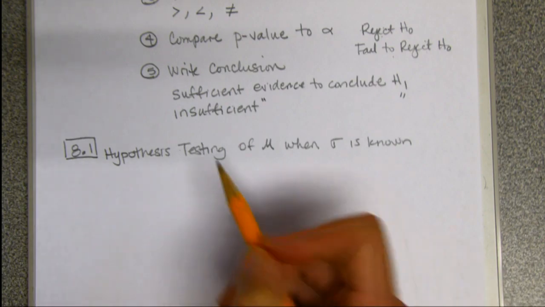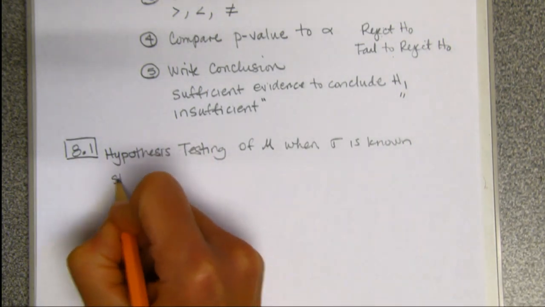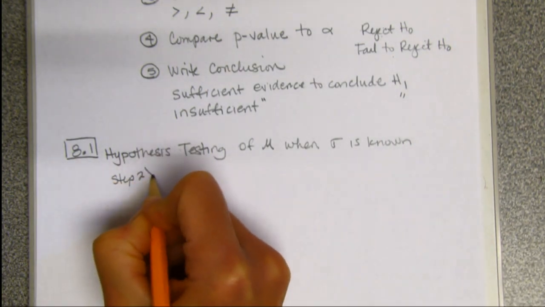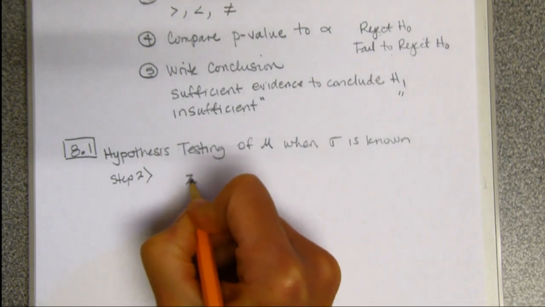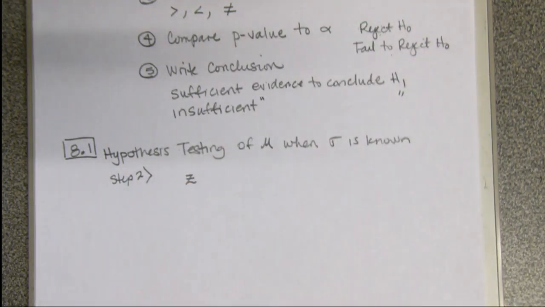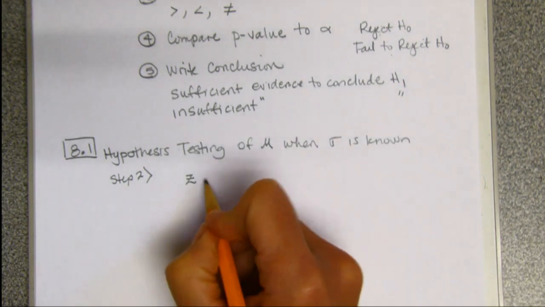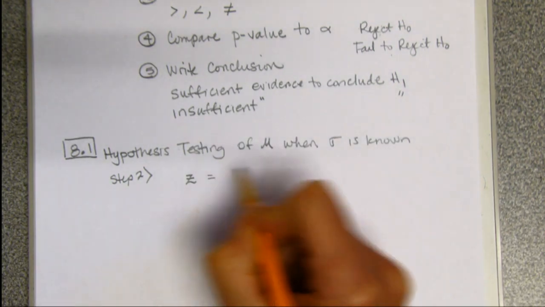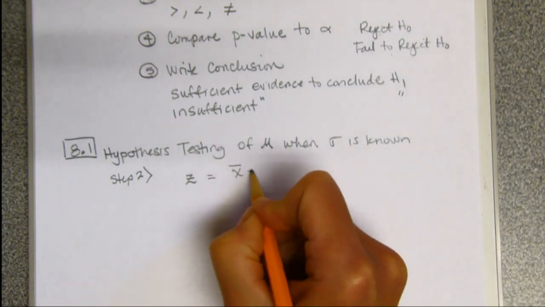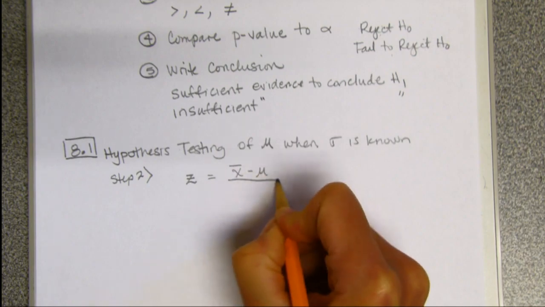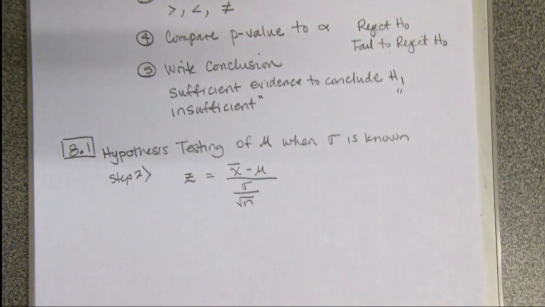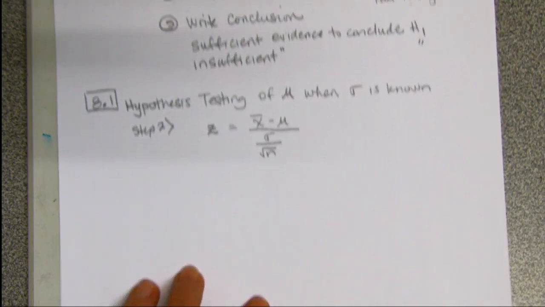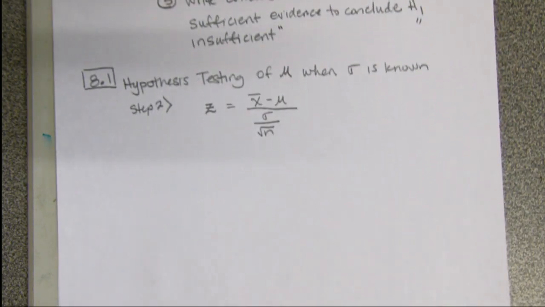When you do step 2, you will use the z-table because you have a sigma, and your formula for the test statistic is x bar minus mu over sigma over the square root of n. Now, you have to be careful.